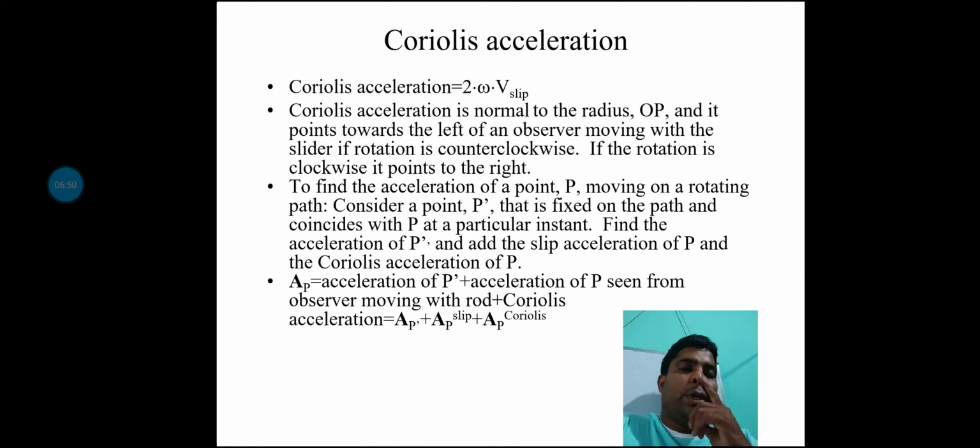Find the acceleration of P dash, and add the slip acceleration of P and the Coriolis acceleration of P. So AP is equal to AP dash plus AP slip plus AP Coriolis.